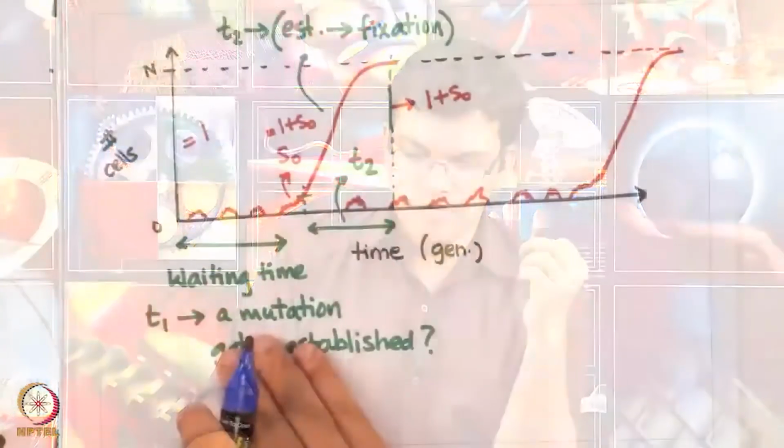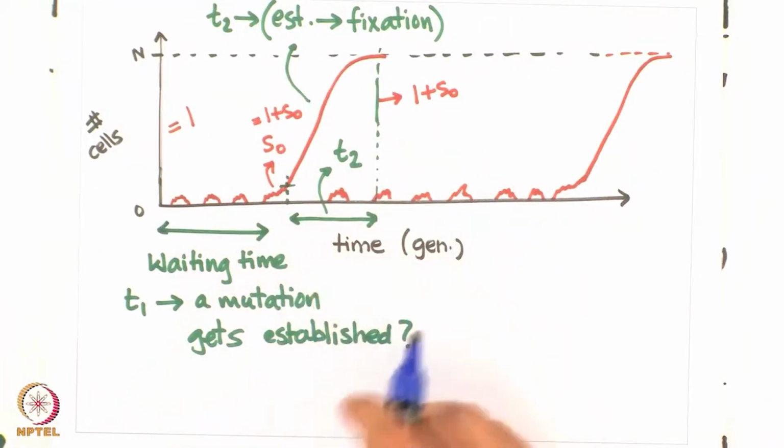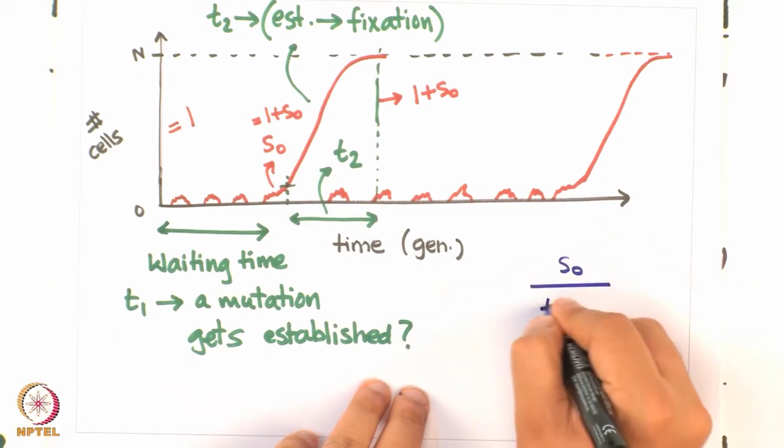The essential question is, what is the frequency distribution associated with beneficial mutations that we know of? And this is important because when we are interested in the rate of evolution, we want to understand this graph, and this graph tells us that the speed of evolution can just be given by S0 divided by T1 plus T2.